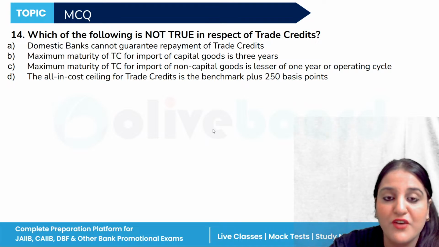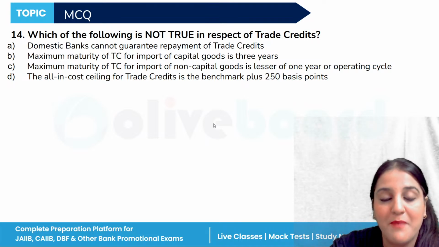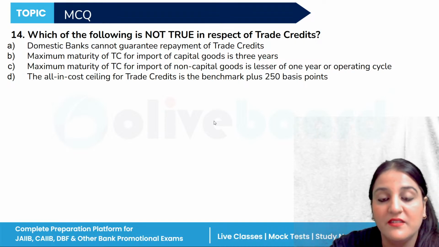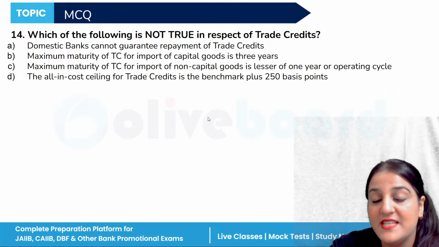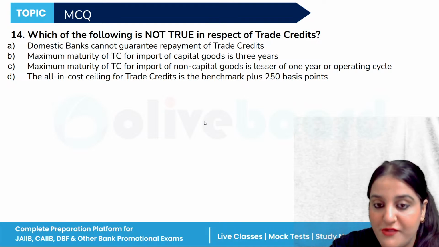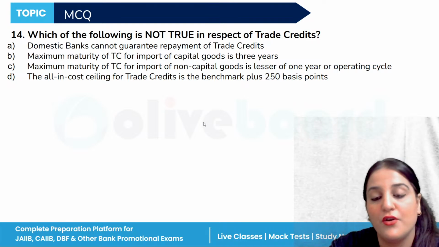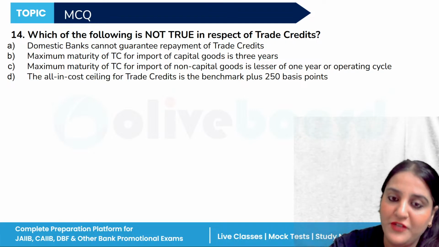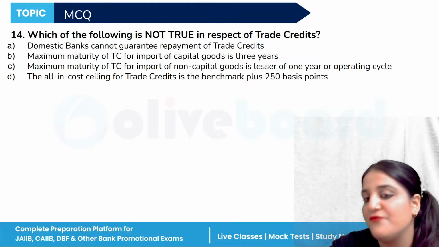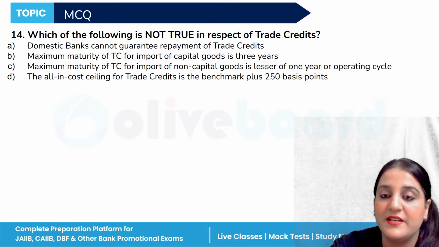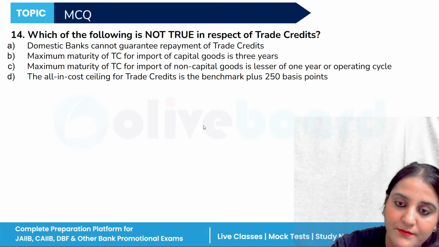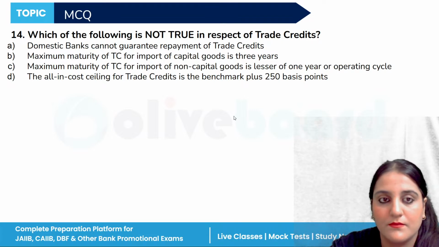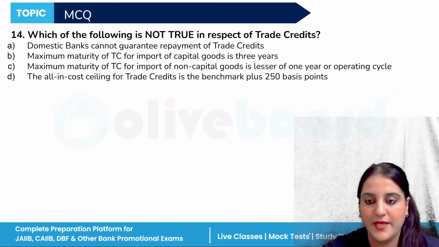So which one is not true here? Domestic banks cannot guarantee the repayment of trade credits. This is not true, because they are providing the guarantee for trade credits. They may issue guarantees to foreign suppliers, assuring them of repayment, which helps facilitate international trade. Yeah, the A answer is correct.